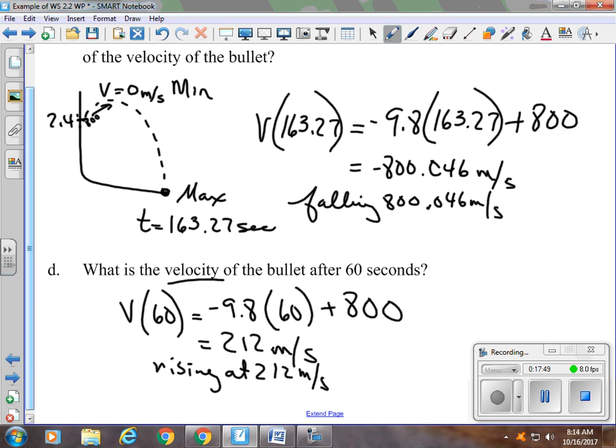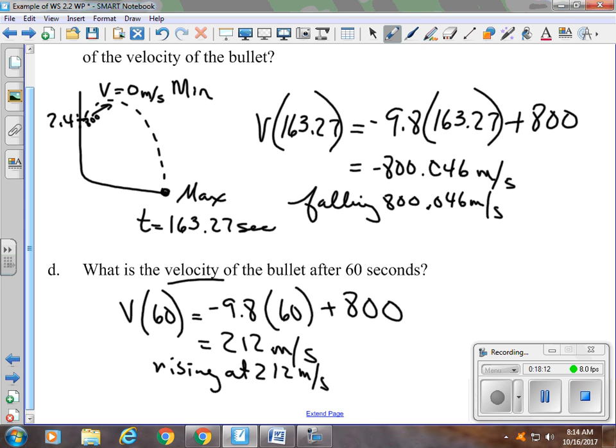That's why I'm taking the negative out of the factor and putting in what it means, positive or negative, because that would be part of your sentence structure. Because you would go back and reiterate that after 60 seconds, the velocity of the bullet is rising at 212 meters per second.